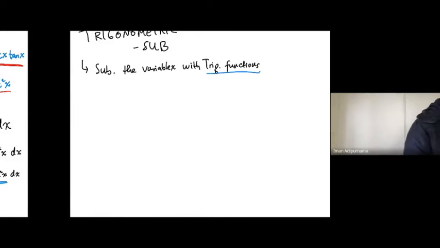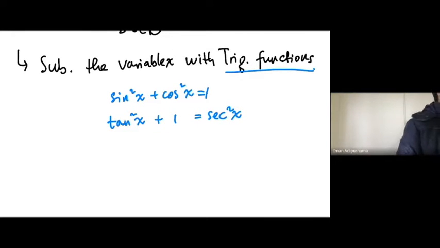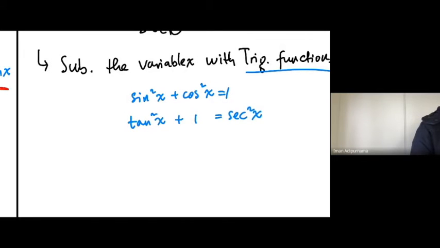And again, we are dealing with the basic identities in trigonometry, sine squared x plus cos squared x equals 1, tangent squared x plus 1 equals secant squared x. We are using the same particular identities most of the cases. I will give you 3 examples, and then we can make conclusions from the examples.